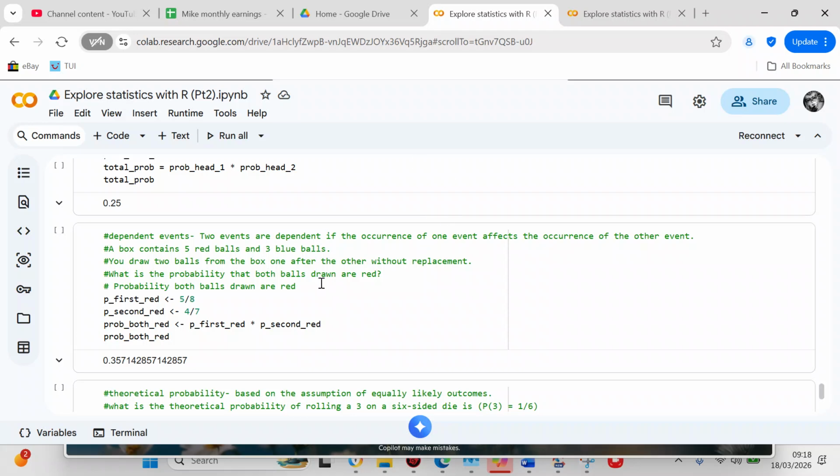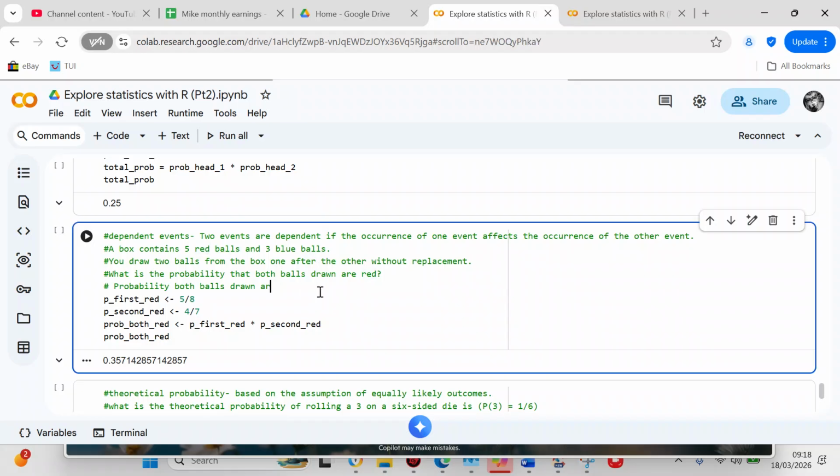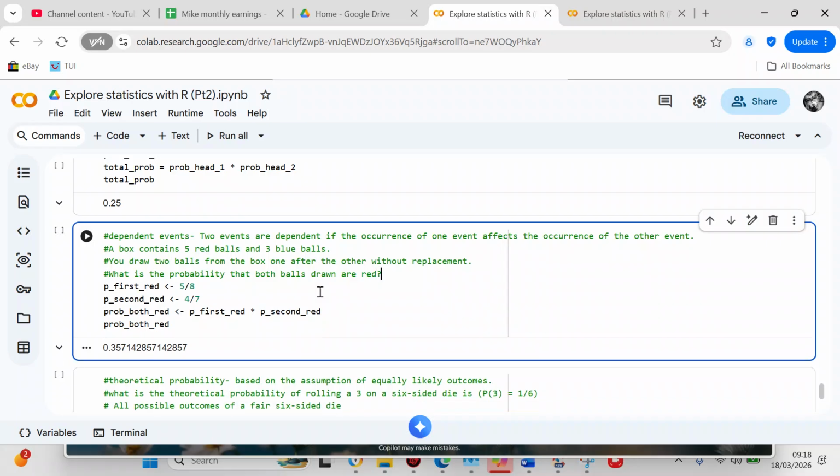For the first ball being red, it's going to be 5 divided by 8, because you've got 5 red balls and a total of 8 balls.